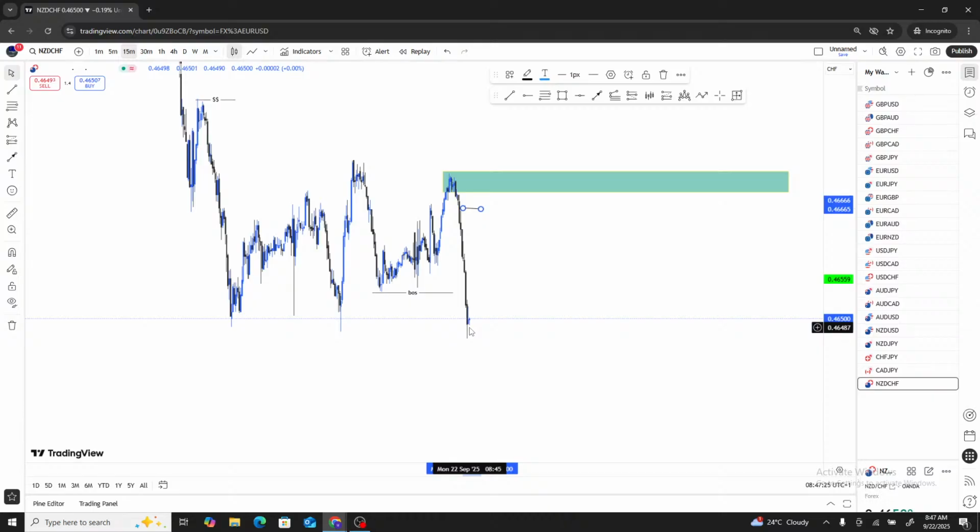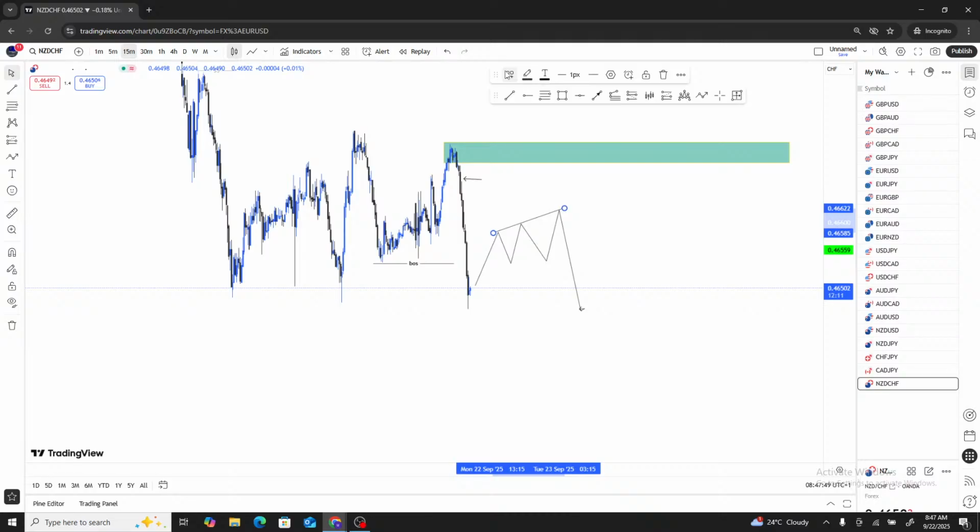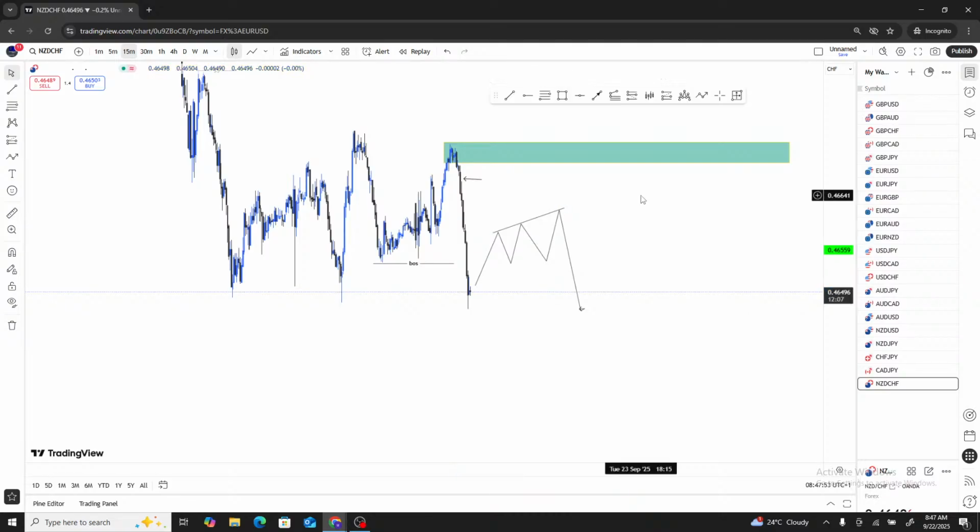But hopefully price might just do something like this, maybe something like this, come down a little bit, and we might just have a liquidity somewhere here, maybe a trend line liquidity or whatever liquidity it is, and we expect price to move to the upside, give us a confirmation entry, and let's go to the downside.